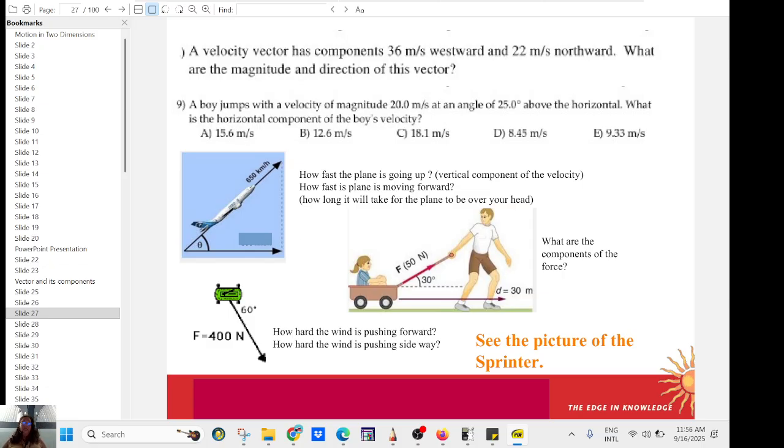Okay. So in that case, it's an airplane. And you see that it's doing two things at the same time. It's moving at launch when it's taking off. It's moving forward, but at the same time it's moving upward.